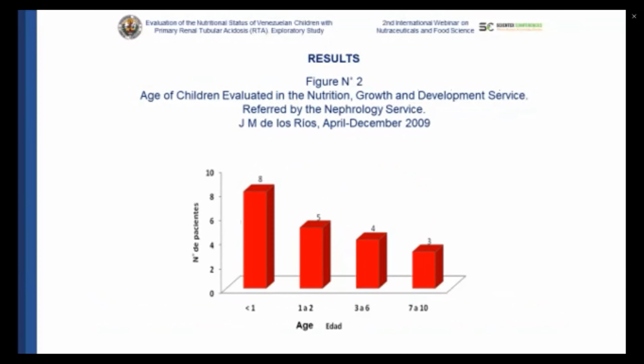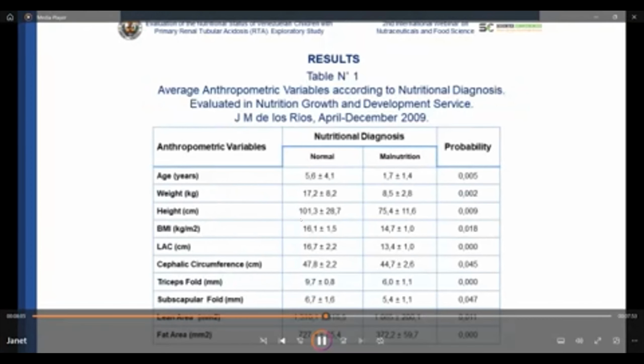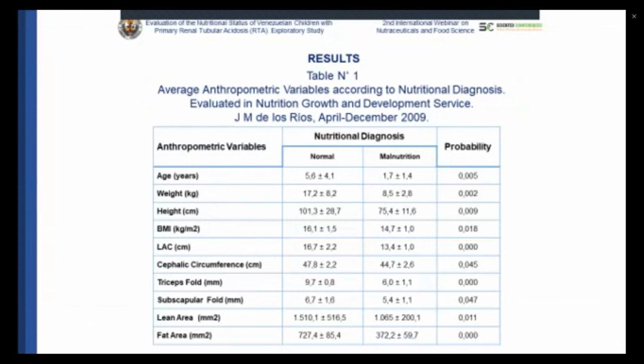Figure number 2 shows the age of children diagnosed with RTA, finding that most of the diagnoses were made at an early age, 8 cases in children under 1 year of age, and 5 cases in children between 1 and 2 years of age, which represents 65% of all cases.